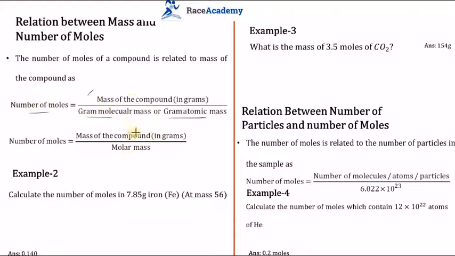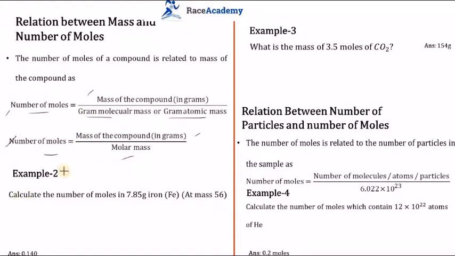If we know the gram molecular mass and the mass of the compound, we can find the number of moles. Or else we can have one more thing, that is the mass of the compound. If you know the molar mass of the compound, then you can calculate. Gram molecular mass is nothing but molar mass. That's why the second equation is also given, which is an alternative for the first one.